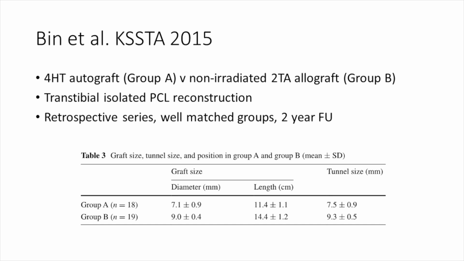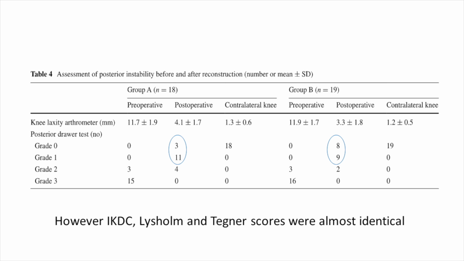They only had 2-year follow-up, but what was encouraging is that the tibialis anterior allograft was thicker, and when subjected to instrumented and clinical laxity measures, they found that it did better, with 1 millimeter less translation on the instrumented laxity and achieving a grade 0 posterior drawer in 8 out of 19 in the allograft case versus only 3 out of 18 in the autograft case.